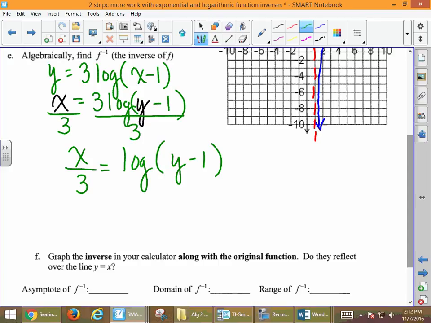Well, we need 2 more pieces of information to be able to solve this equation for y. The first one is the base of the log: when it's not written, it's a 10. This is a common logarithm. So when the base is not written, it's a 10. And secondly, in order to isolate our variable, we need to convert this logarithm into exponential form.